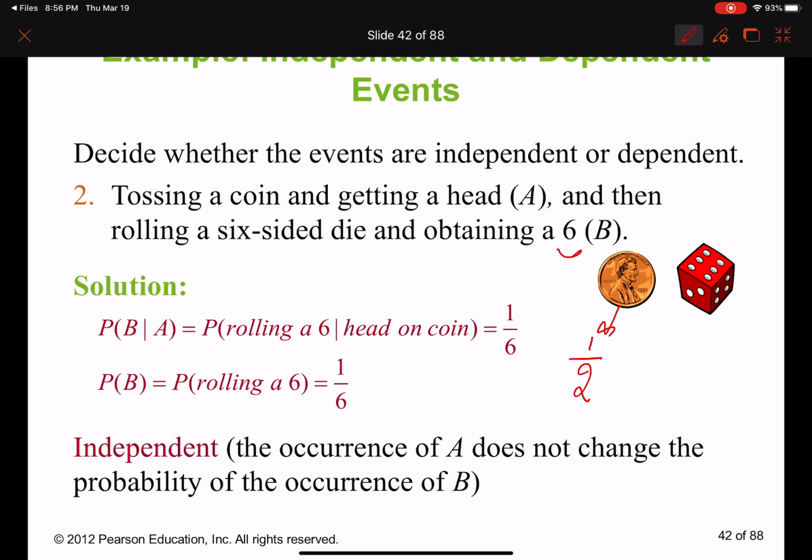So what's the probability of obtaining 6? It's going to be 1 out of 6. So this 6 is not the value of 6, but because we have a total of 6 sides. So they are independent. Okay? These two events are independent because this has nothing to do with this one.